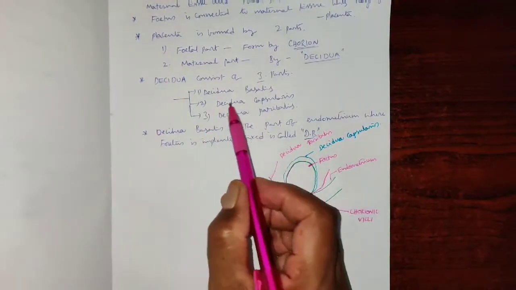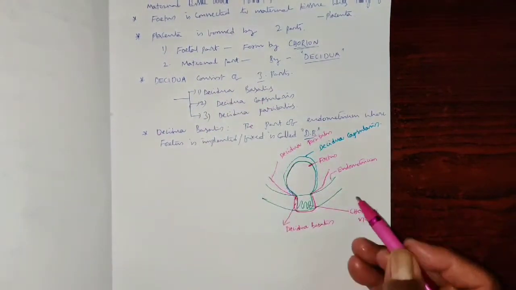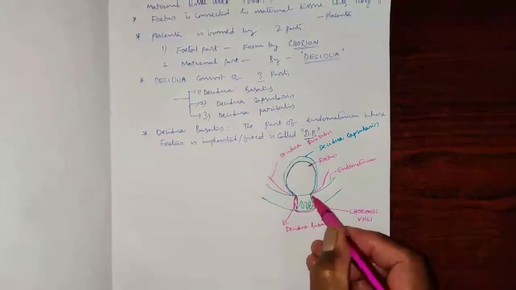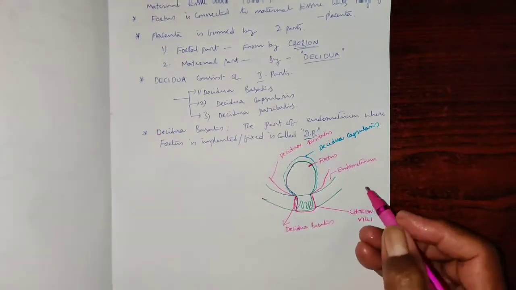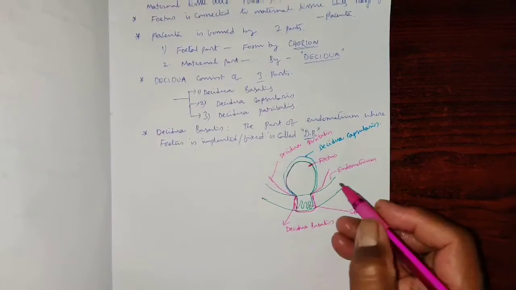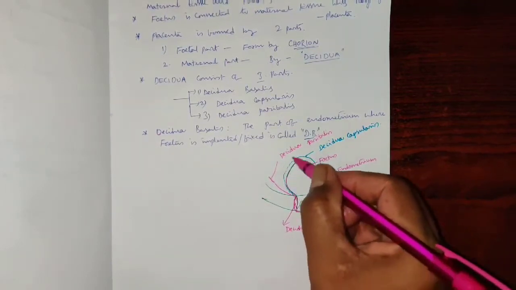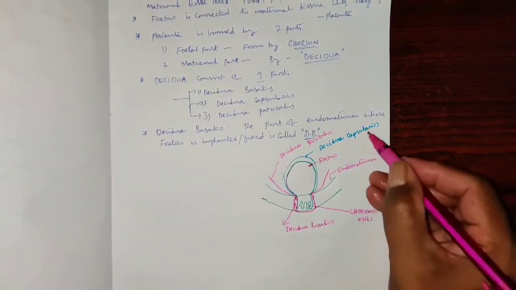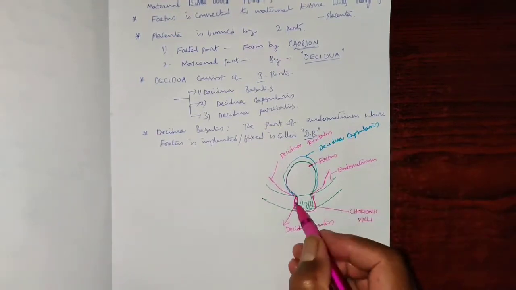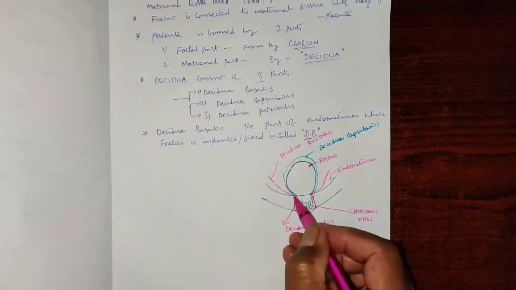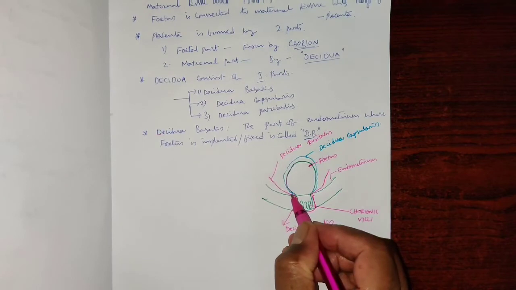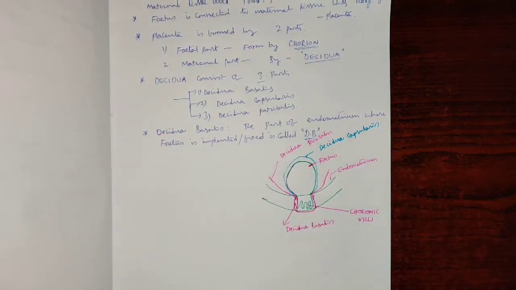So decidua has three parts. This part is decidua basalis, and the extended part around the fetus, the chorionic villi area, is called decidua capsularis. And the part of endometrium not connected to the fetus is called decidua parietalis.